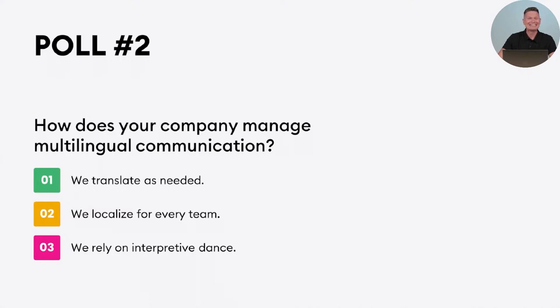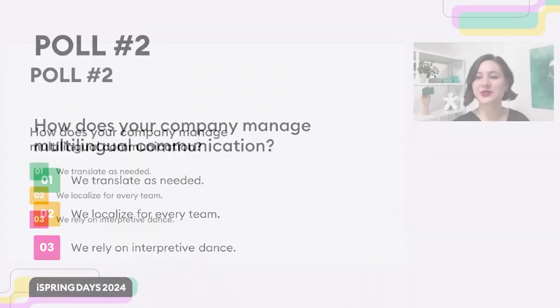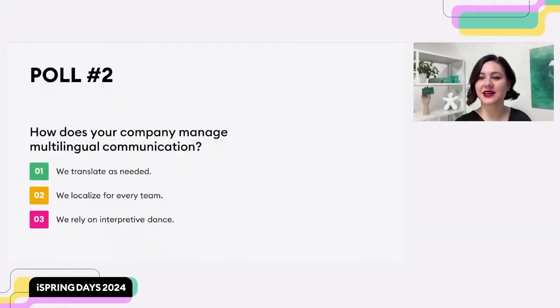Sure. I love your third option, though. We are still collecting the results because we have a little delay between our Zoom conference and the live streaming on YouTube, but we can obviously see the trend that a bit more than half of our respondents translate as needed, so choosing option number 1.